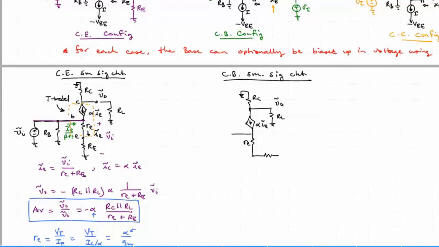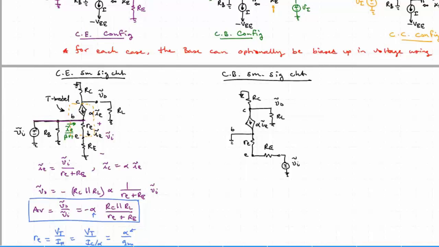We have a large RE, and then we have VI, little vi. On the base, the base capacitor is shorted now, and so it's shorting the base to ground. So that's what we have for the base right here.